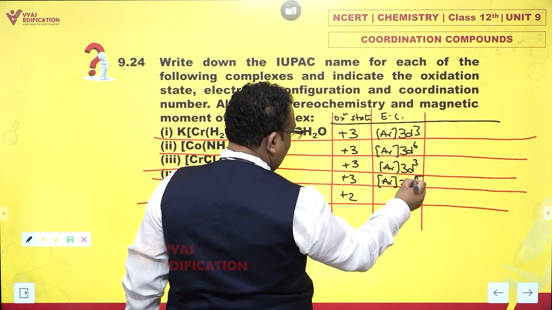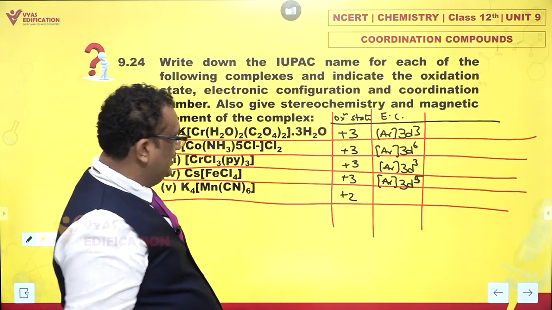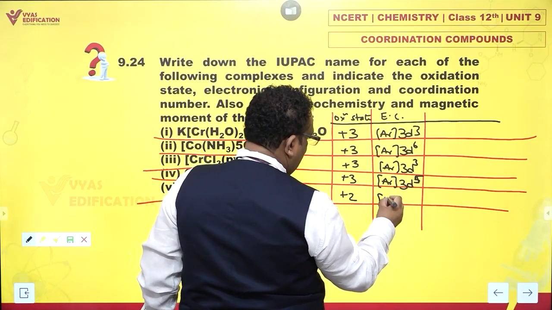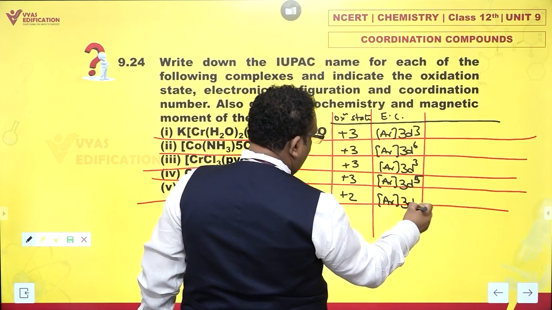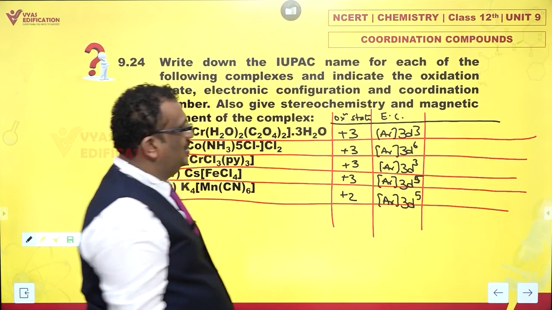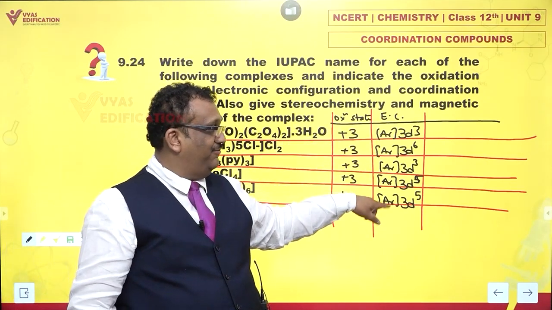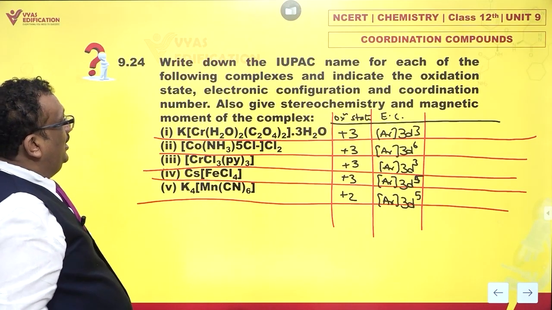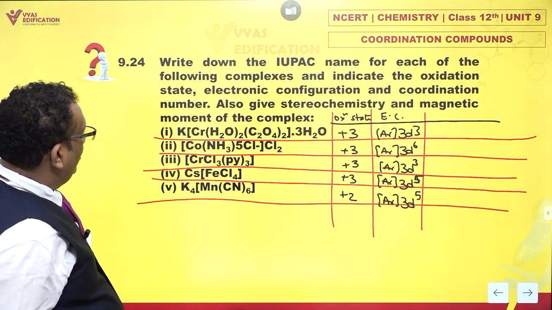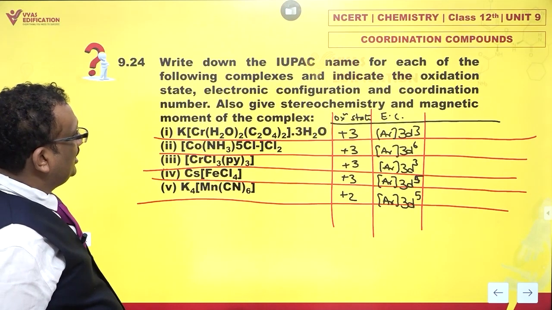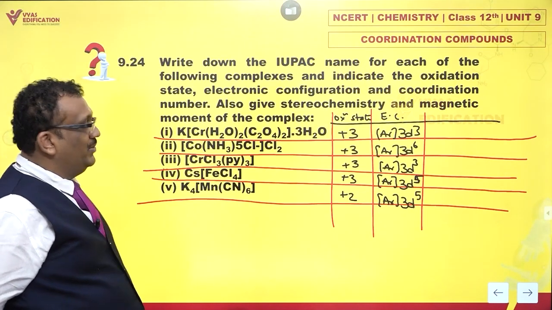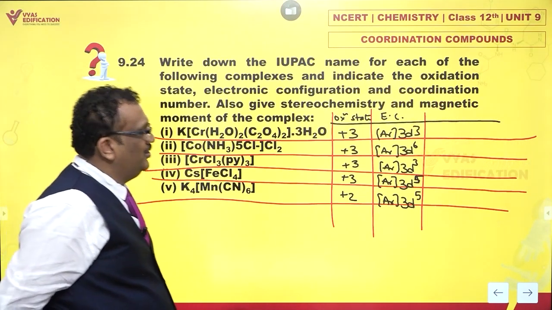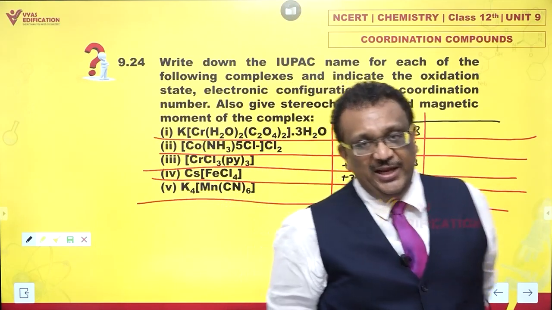And manganese plus 2 is argon 3d5. So we have 3d3, 3d5 and 3d6. They are expecting coordination number, stereochemistry, magnetic moment, everything. Stereo we will handle at the end.